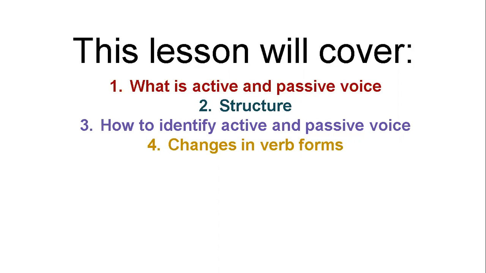Changes in verb forms, the changes that have to happen. Changes in pronouns. See, if you have a noun in the sentence, then it is very easy. All you need to do is write the noun either way. If you're changing from active to passive voice, write the same noun there. If you are changing from passive to active voice, you write the same noun. But if it is a pronoun, then the pronoun changes.